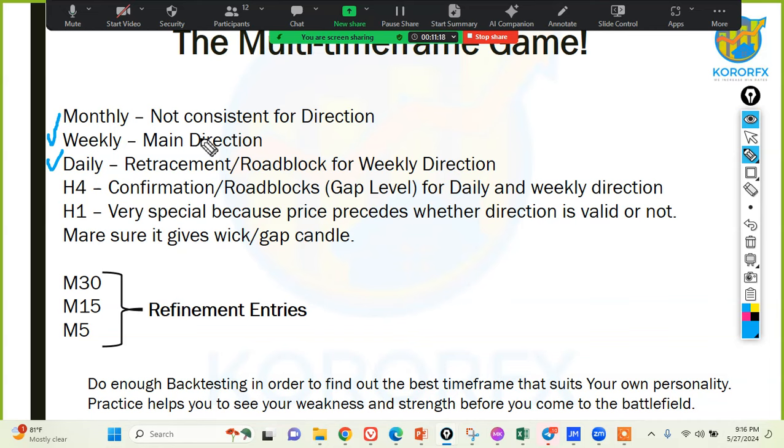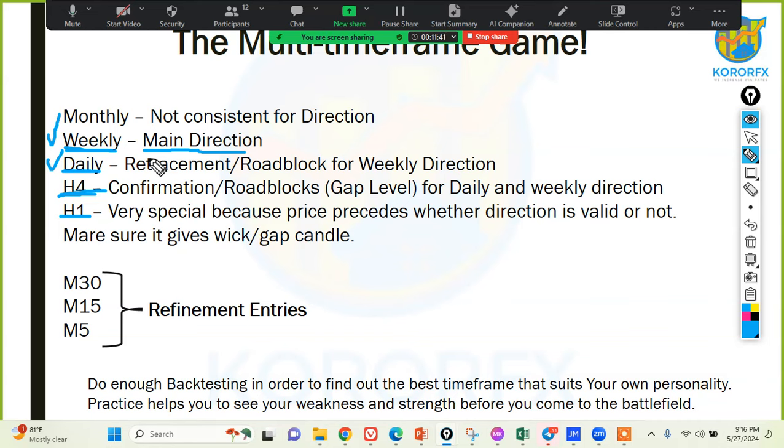For example, if I use the main storyline, which is the weekly, you know that for every time frame there is another time frame that you can control. So the weekly I can control with the daily, and the daily I can control with the 4 hour. The 4 hour I can control with the 1 hour. That's how you can use multi time frames.